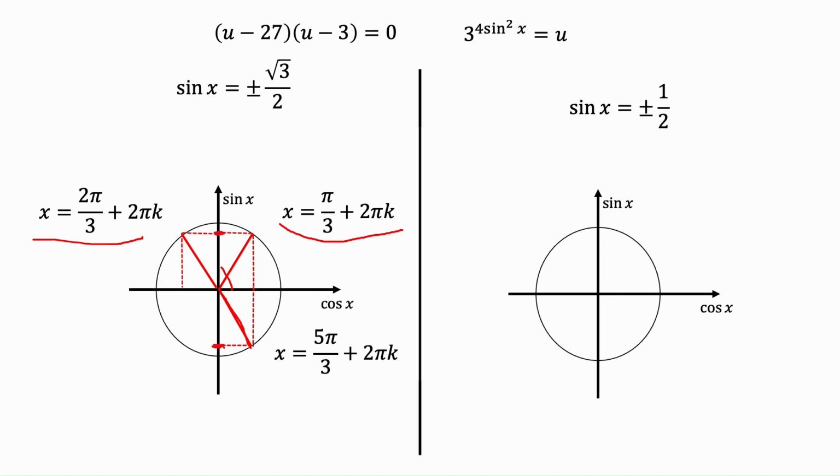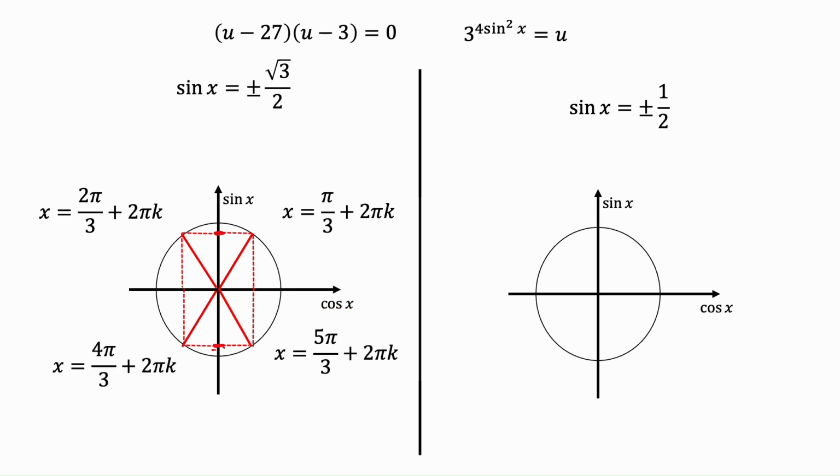It's going to be on this side, which is 360 minus 60, so 300 degrees, or 5 pi over 3 radian, plus 2pk, because as I said, we will have an infinite number of roots because we can go around the circle as many times as we want.